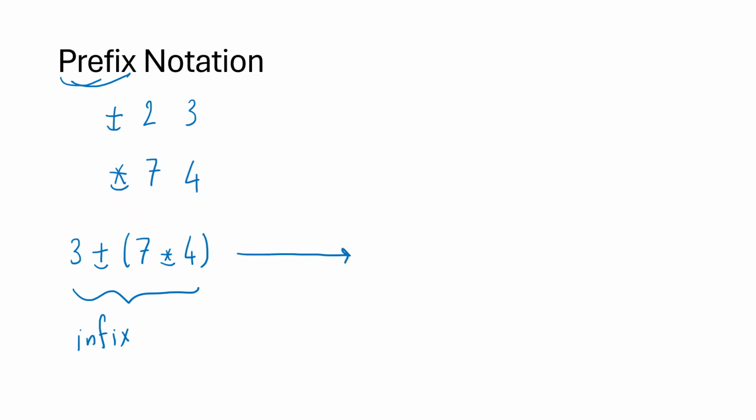Now if I want to write the same expression in prefix notation, so this is an addition of two terms, so plus comes first, and then the first thing that we are adding is 3, and what we are adding on the other side for plus is this product, so it's a multiplication, so multiplication should come first, then 7 and 4. So this is called the prefix notation. So we have the product of 7 and 4, and then the addition of that product with 3.